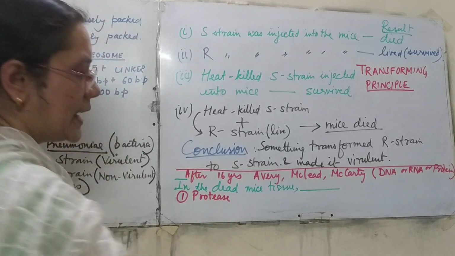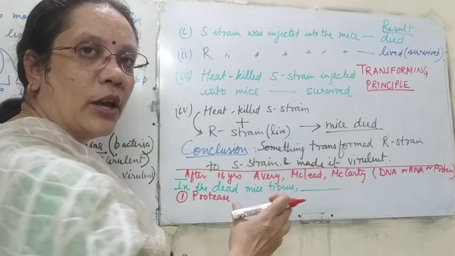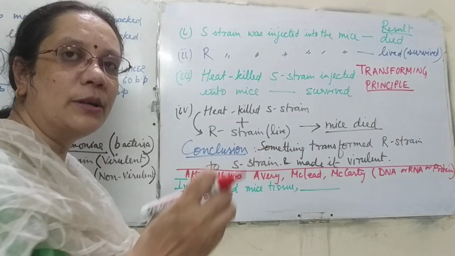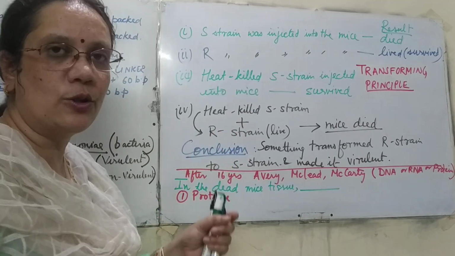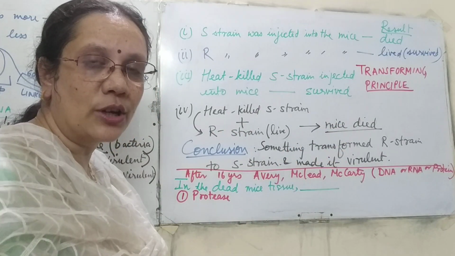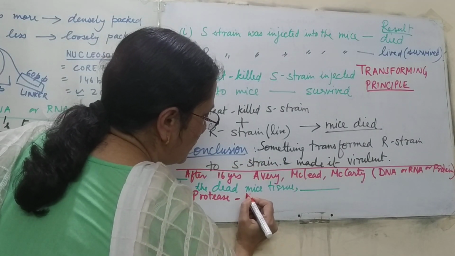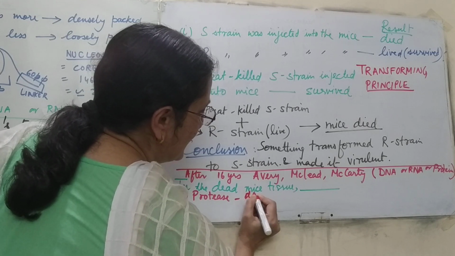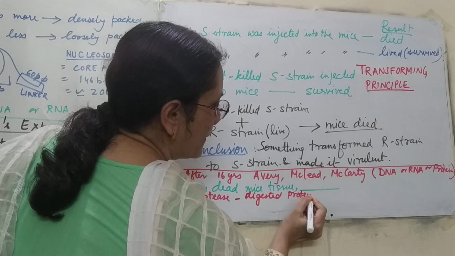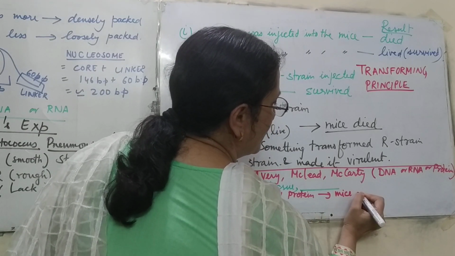If you remove the protein from the dead tissue using protease and insert these two, what happens? The mice again died. So naturally protein was not the one; protease digested protein, and the result was that the mice died.